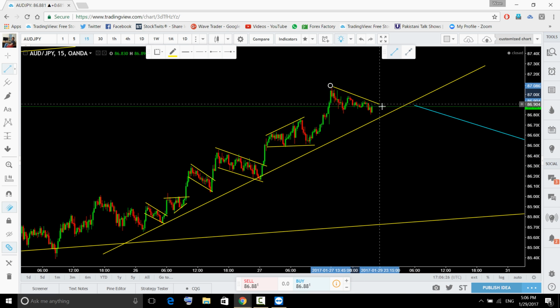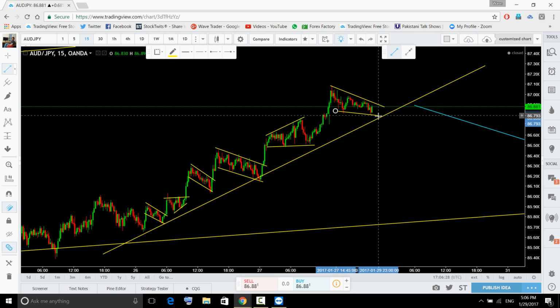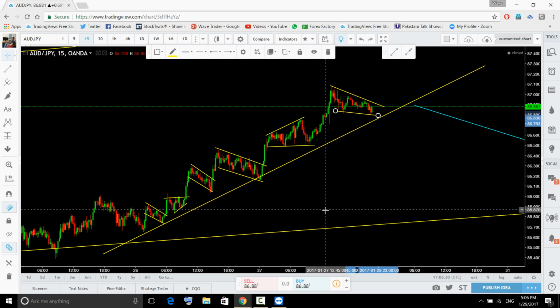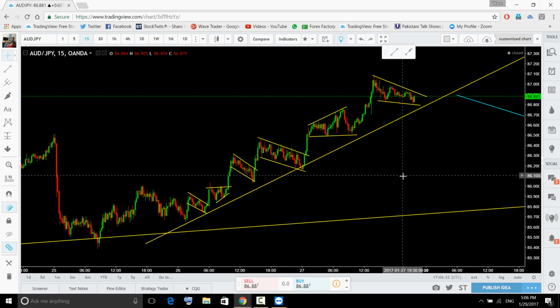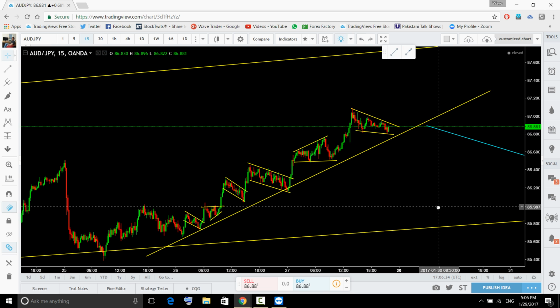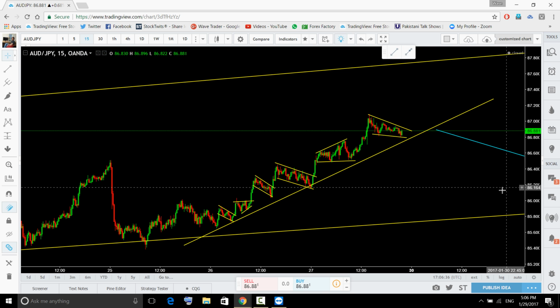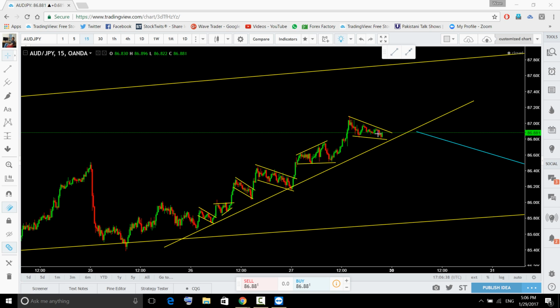And here we got another continuation pattern. So there is no sell setup at all at the moment. You all can see that. What we can see is that there is a continuation pattern, and that continuation pattern can push up. And this can push up.